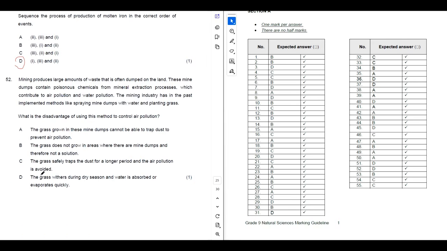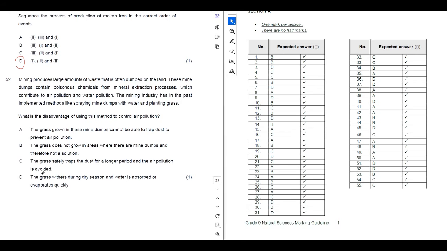Okay, and then next we'll move to question 52, which says that mining produces large amounts of waste that is often dumped on the land. So now we are told that these mine dumps contain poisonous chemicals from mineral extraction processes, which contribute to air pollution and water pollution.